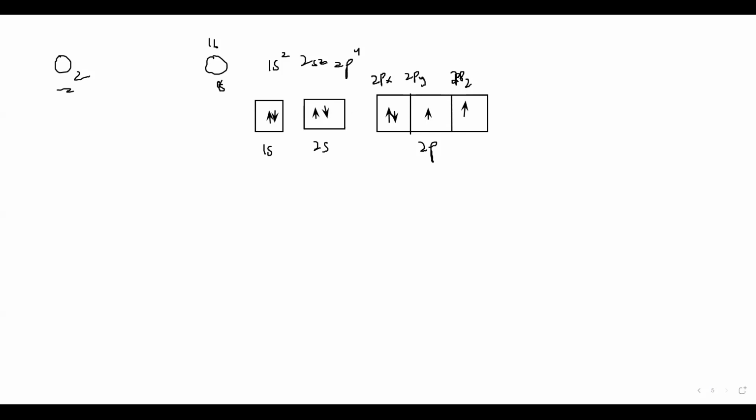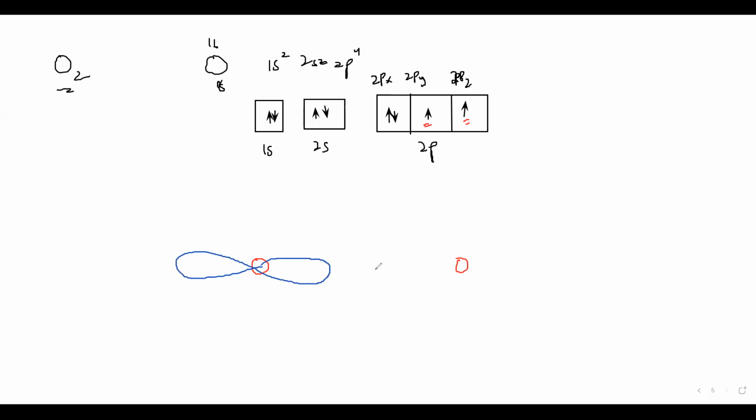When the oxygen molecule is formed, say this is one oxygen atom and this is another oxygen atom, I will draw only the orbitals to show how the overlapping happens. Px is complete, it does not have to form a bond. So we are left with Py and Pz.